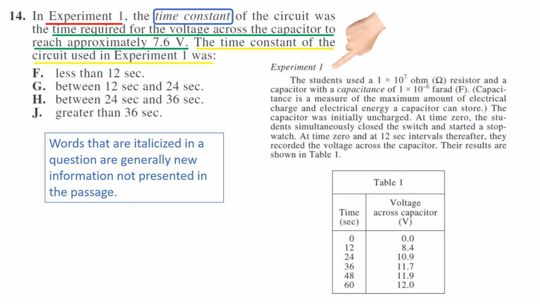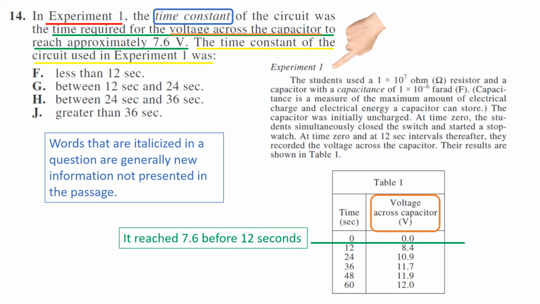So the time constant is the time required for the voltage across the capacitor to reach 7.6 seconds. Let's find voltage across the capacitor. You see it as the second column in table 1. We want to know when it reaches 7.6. We know it's before 12 seconds, so your answer has to be F.